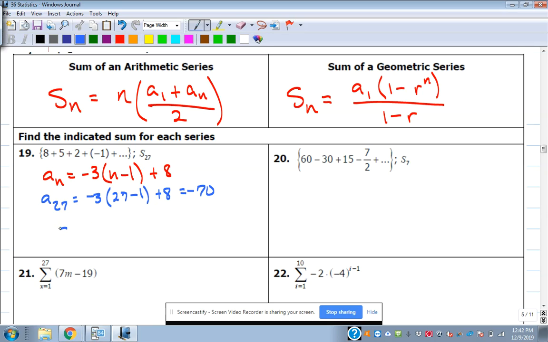So to find the sum of the first 27 terms of that sequence, I'm going to take 27 times the first term, 8, plus the 27th term, negative 70, all over 2.